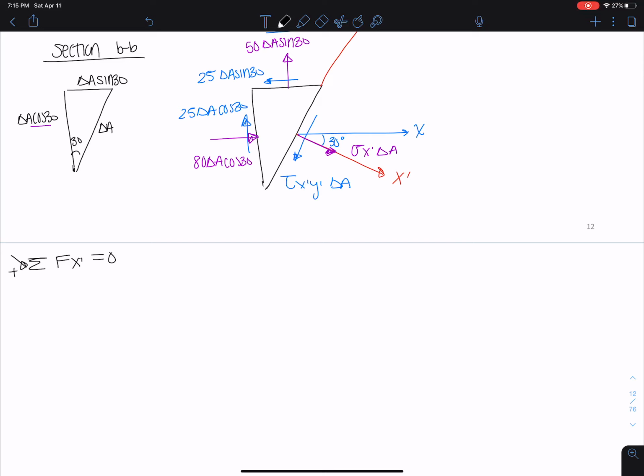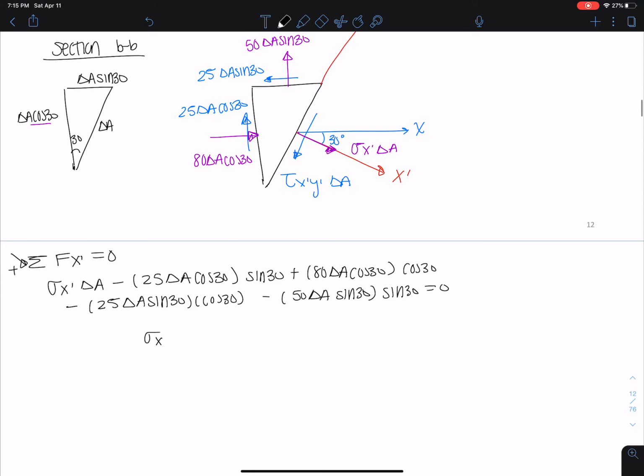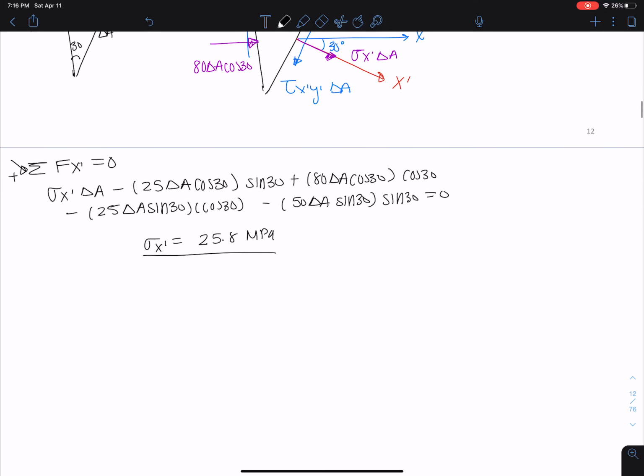We're going to say this is positive, and we get sigma x prime delta A minus 25 delta A cos 30 sine 30 plus 80 delta A cos 30 in the cosine 30 component minus 25 delta A sine 30 cos 30 minus 50 delta A sine 30 equals 0, and we get sigma x prime is 25.8 MPa.